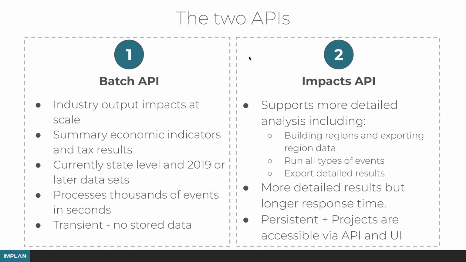So you can actually build projects with the API and access those projects both via the API as well as in the user interface. You can actually use the API to programmatically create projects if you have a template or set of projects that you typically create, and then those can be accessed directly in the UI, so it can go back and forth transparently.